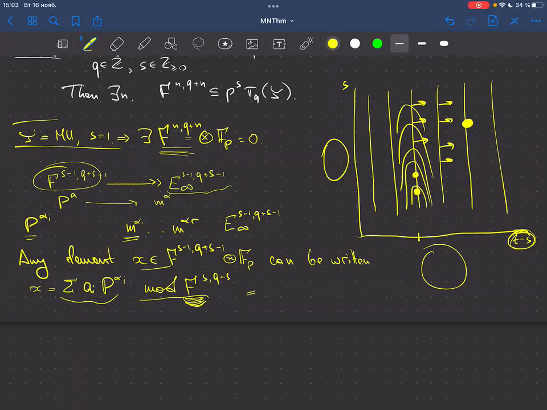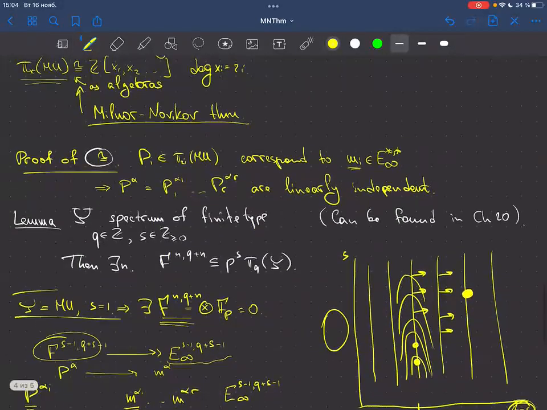Therefore, by induction, we obtain the desired isomorphism.